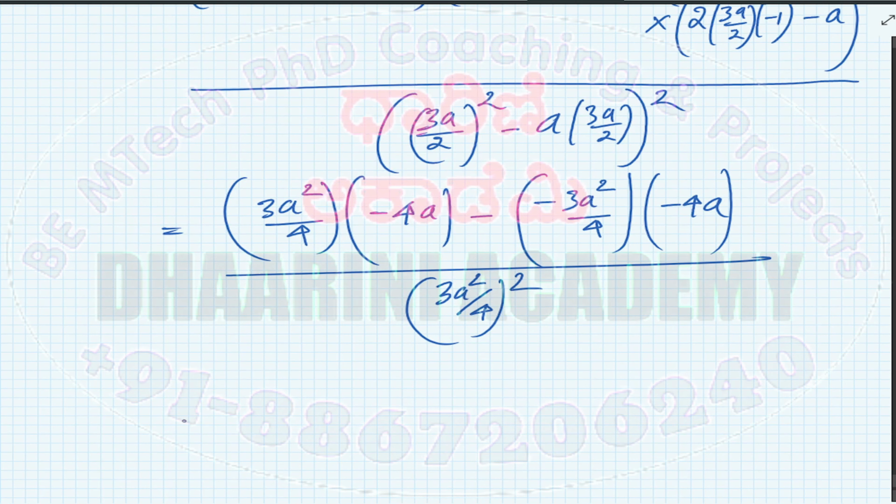Okay, now so what happens to the numerator? This is minus 4 and 4 will cancel, so I have minus 3a cubed. Minus of minus will cancel, one more minus is there, so this is minus 3a cubed whole divided by 3a square becomes 9a to the 4 divided by 4 square is 16.